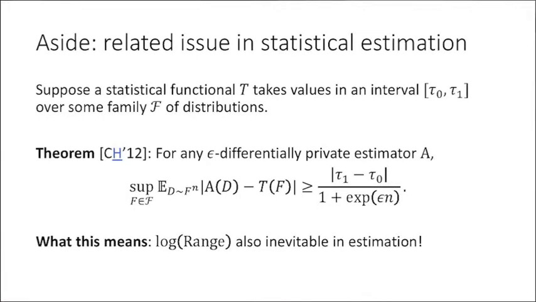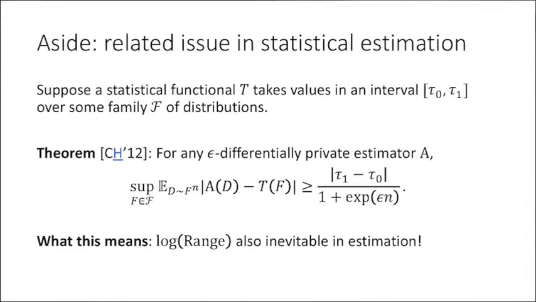There are some worst case distributions for which the accuracy of any differentially private estimator has to inevitably depend at least somewhat on the range of values it can take. So the log of the range is inevitable in the accuracy. That seems like a related issue that comes up in estimation, not just maximization.